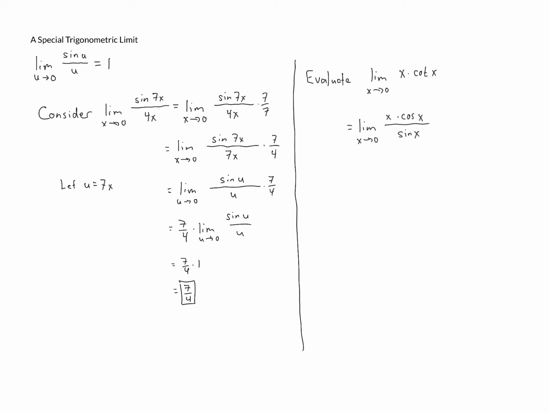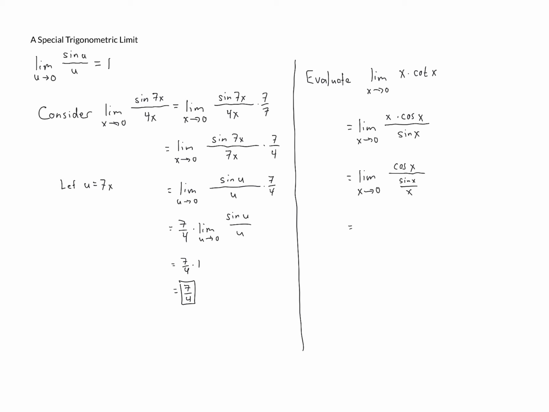And what we can do here is take this function and divide the numerator and the denominator by x, which is effectively going to move that x into the denominator, but in an interesting way. If we divide the top and bottom by x, that's going to leave us with cosine x in the numerator, and then the denominator is going to be sine of x over x.